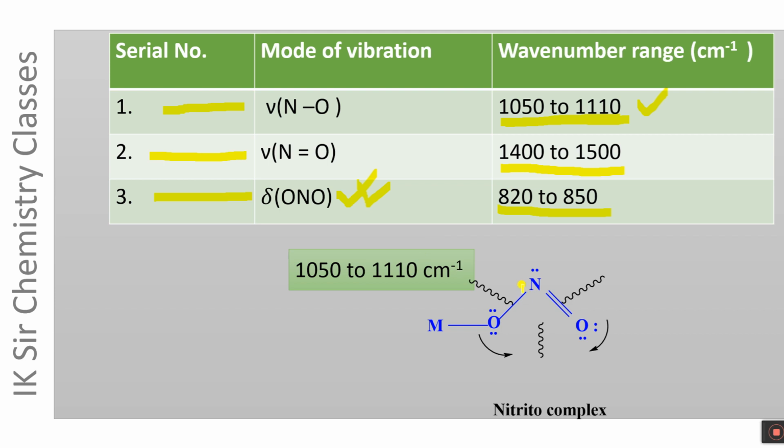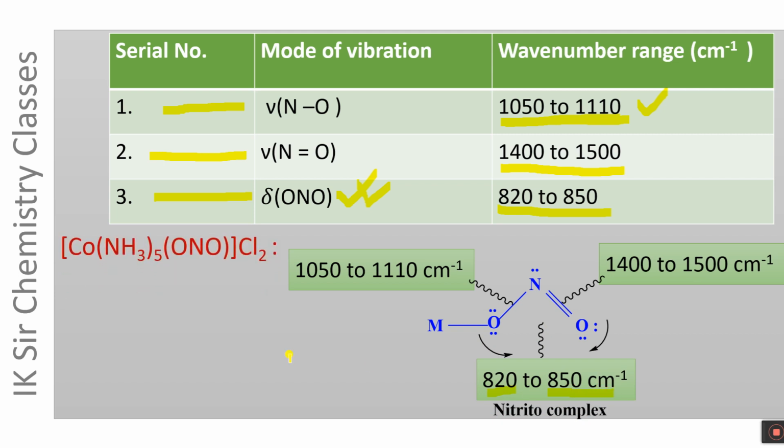The other is due to stretching of the N double bond O in the region 1400 to 1500 cm^-1. The third is due to the bending mode of vibration in the region 820 to 850 cm^-1. Let us see an example.